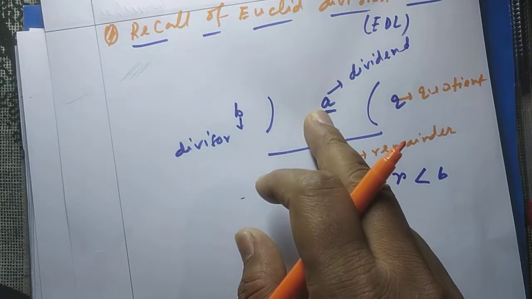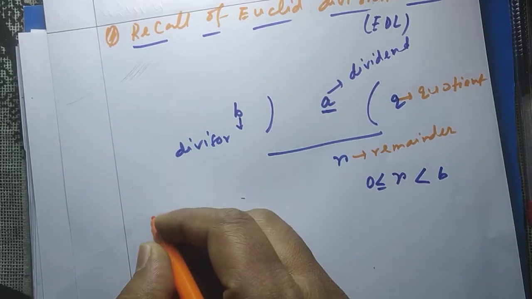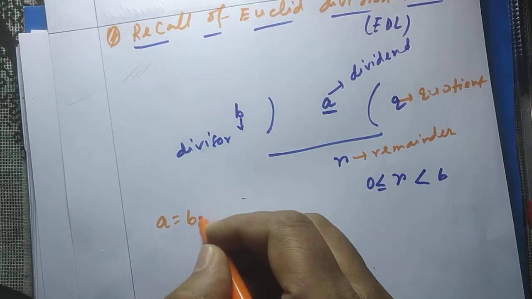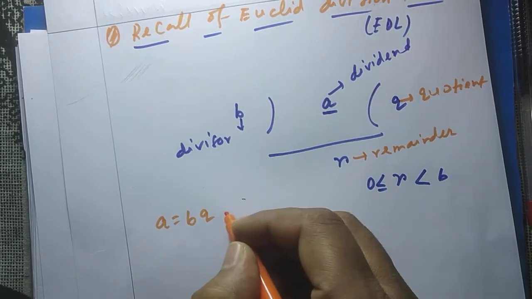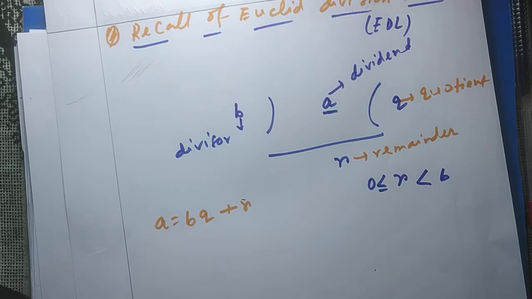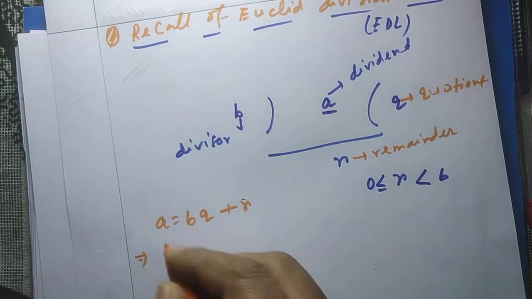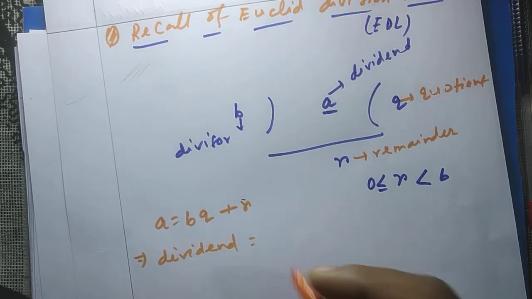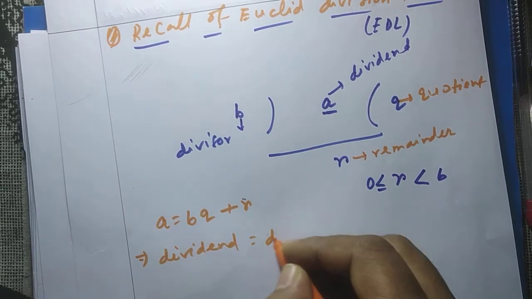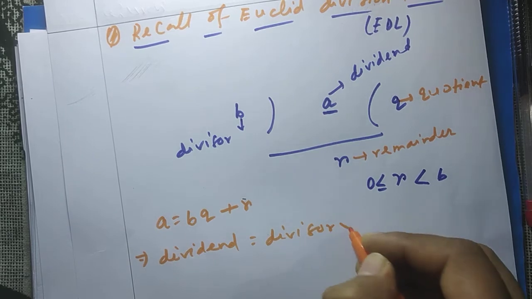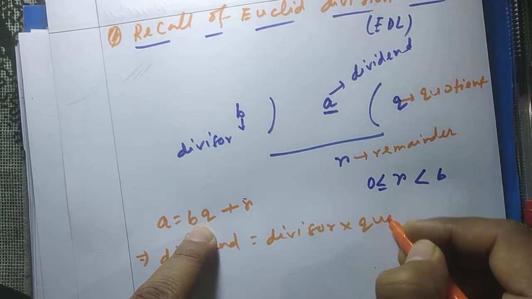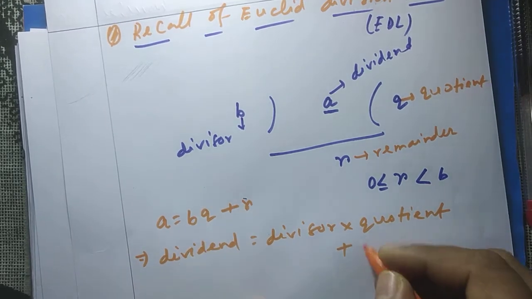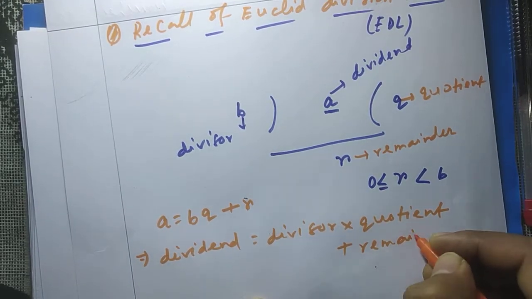Now from the division process we can say this a will be equal to b into q plus the remainder r. That means the dividend will be equal to b, the divisor, into q for quotient, plus the extra thing, the remainder, correct?